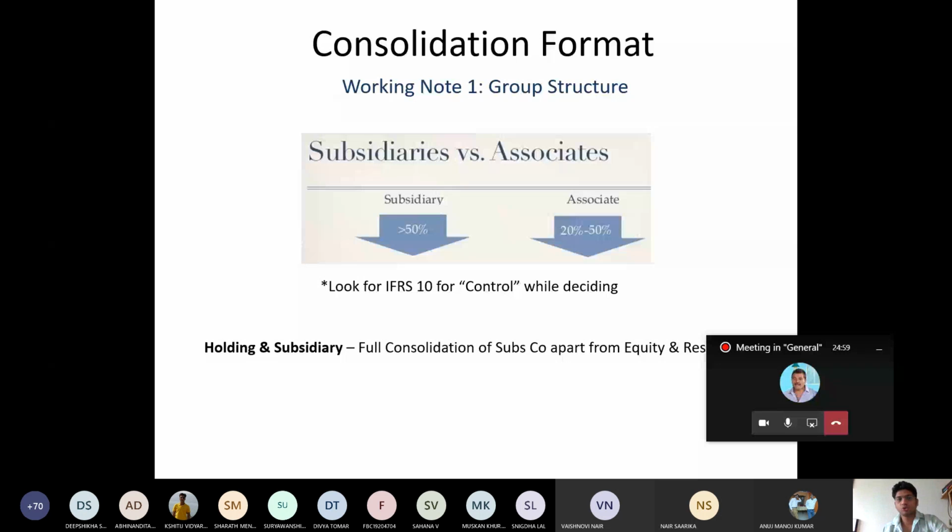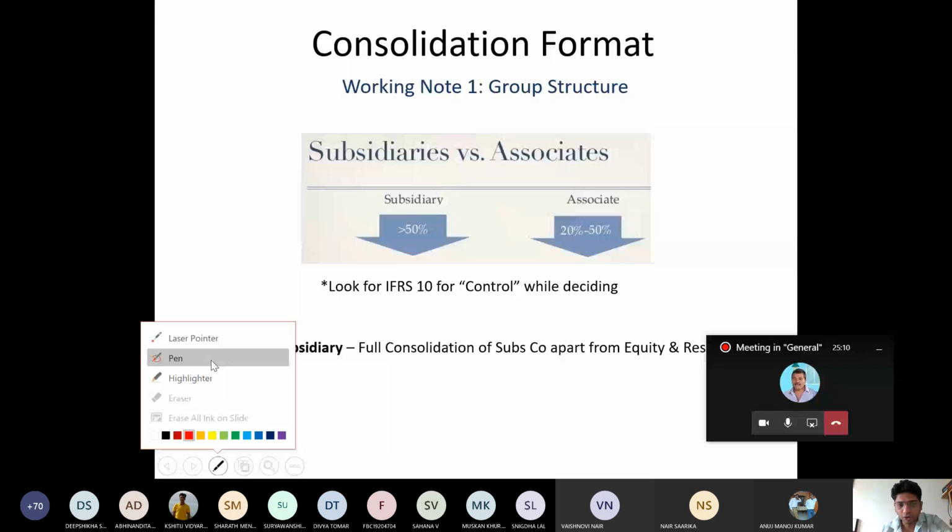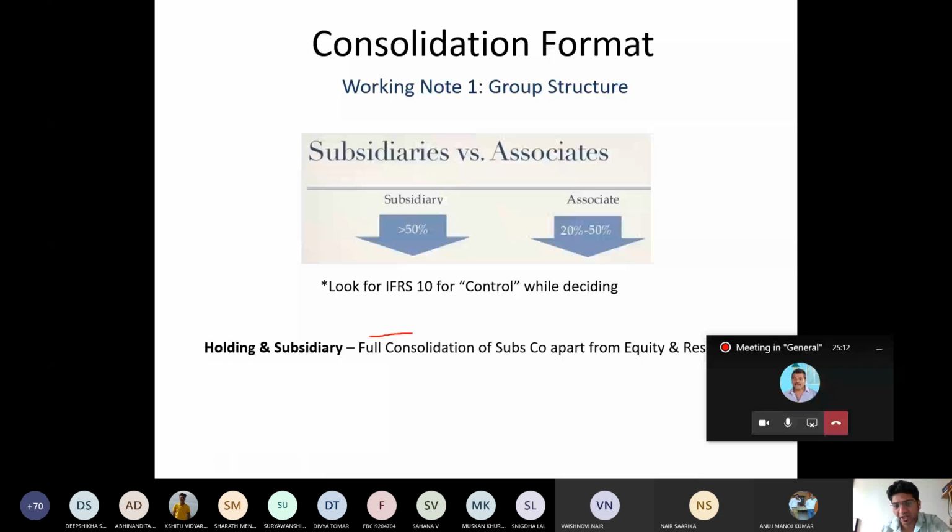Always remember, if the balance sheet is between holding company and subsidiary company, you will go for full consolidation, that is, you will consolidate all assets and liabilities of the subsidiary company except for equity and reserves.